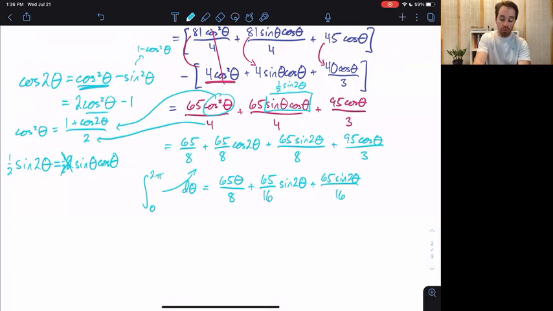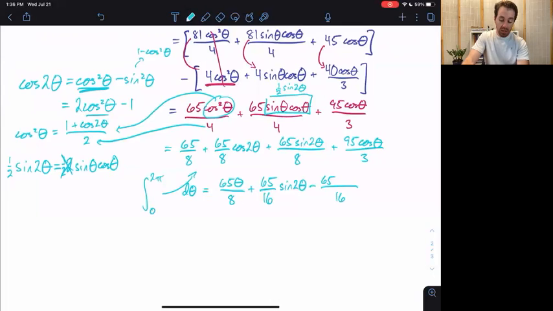Oh, well, no, I have to actually take an integral. The integral of sine is negative cosine. So this is going to be minus 65 cosine 2 theta all over 16. And then this integral of cosine is sine. So this will be plus 95 sine theta over 3. And this is as theta goes from 0 up to 2 pi.